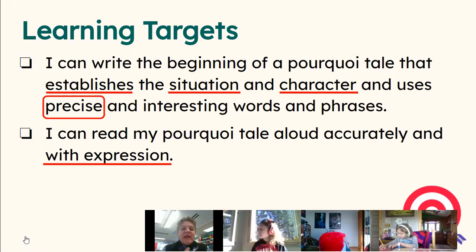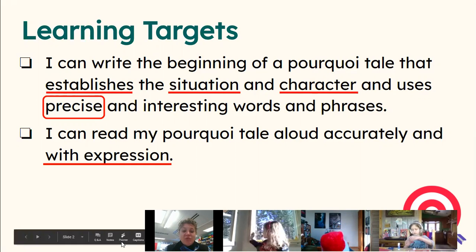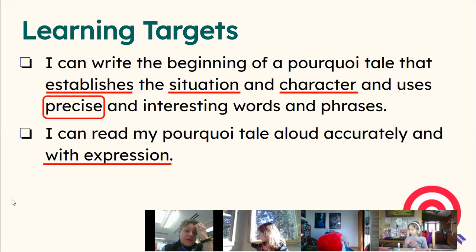And uses precise and interesting words and phrases. As a reader, you know that books have to be interesting for you to want to read them, right? So when we are writing, we have to use words that are precise, so that when the reader is reading, they can imagine what you're imagining in your head.